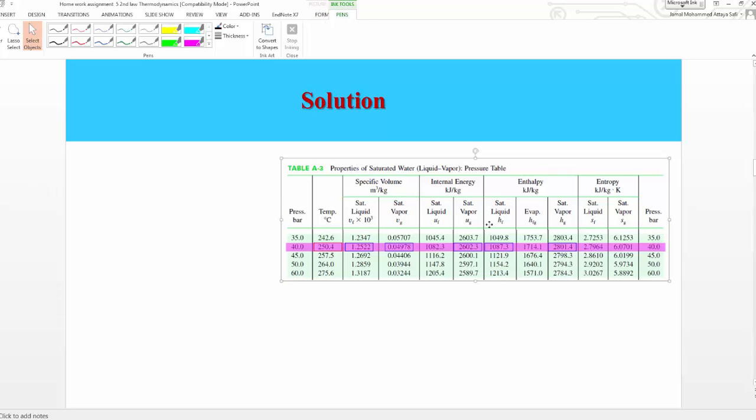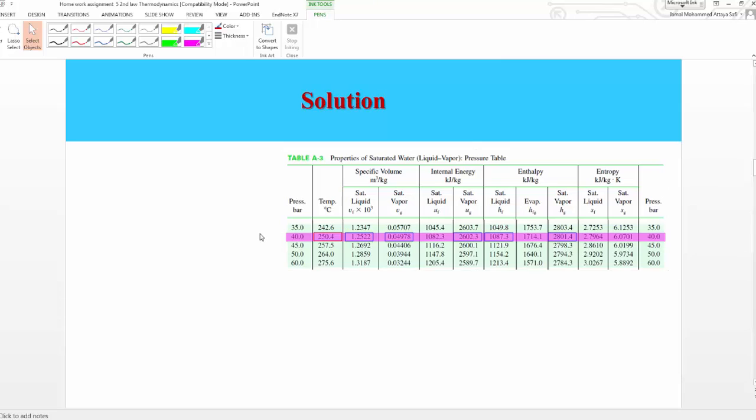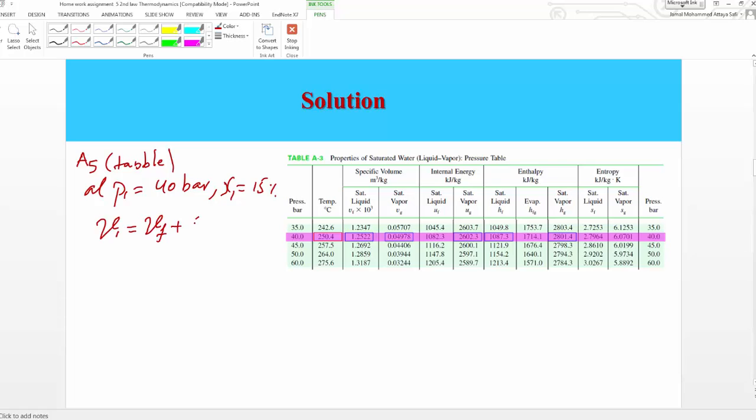Now we know that, from table A4 or A5, because pressure based, A5 table, saturated table, I know that at P1 equals 40 bar and X1 is 15%, I can find V1, and V1 in this case equals VF plus X times (VG minus VF).